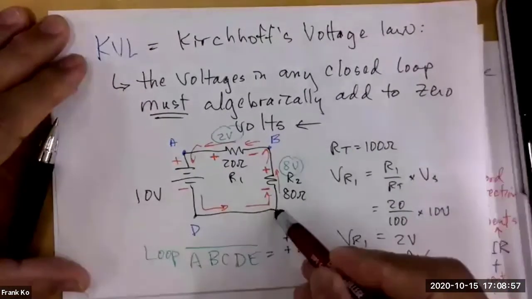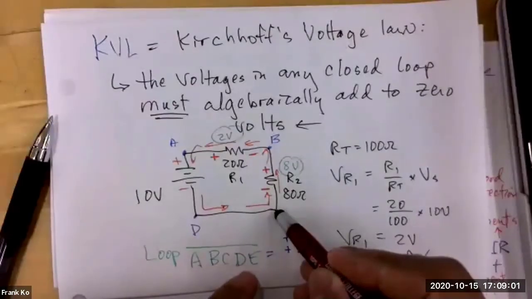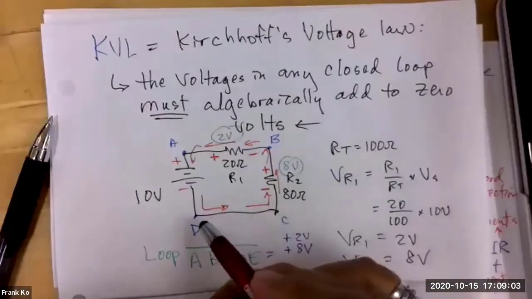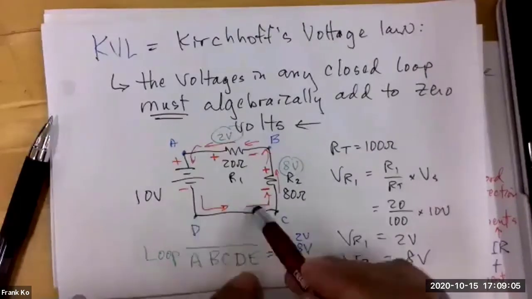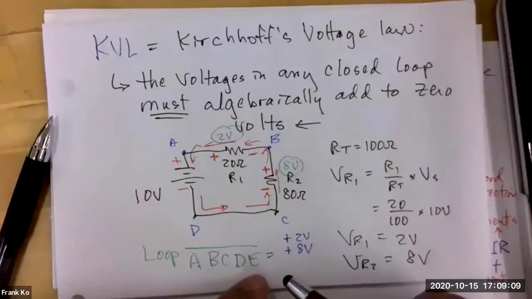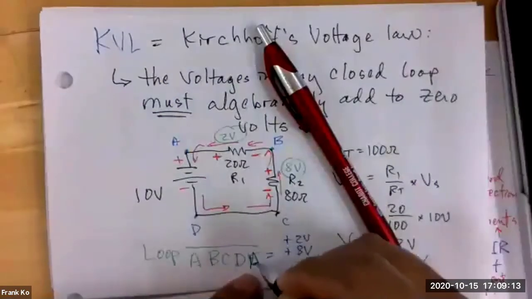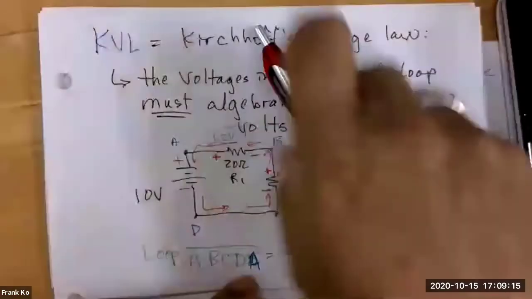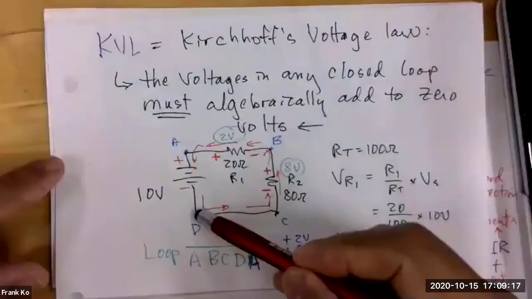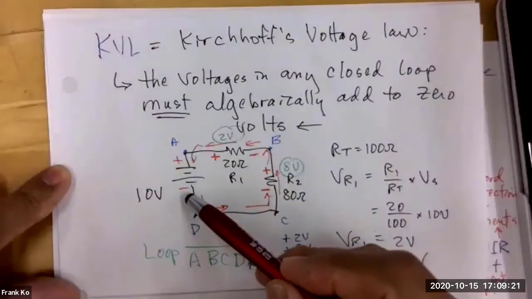And now I'm at point C. Now, according to my loop direction, I have to go from point C to where? D. Is there anything changed between C and D? No, that's just a wire, so nothing changes. And then according to my loop, I have to go back to A. So I'm at D, now I have to come back up to A. If I'm at D and I come back up to A, what polarity do I see here?